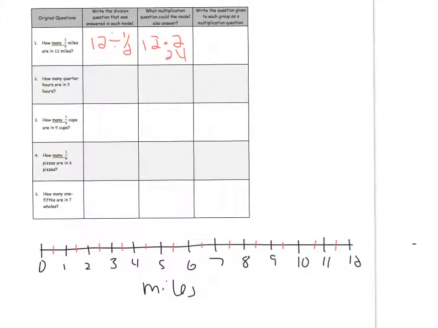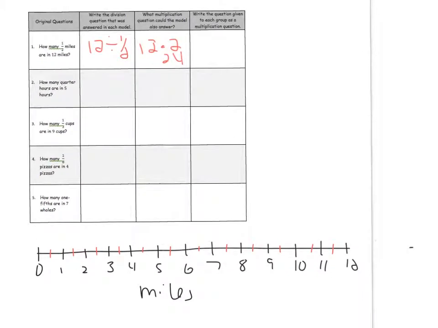So let's do a couple more of these. How many quarter hours are in 5 hours? So we're taking our 5 hours and we're dividing it into quarters, which means that we have to take our 5 hours and multiply it by 4, because each of these is being split into 4 pieces.